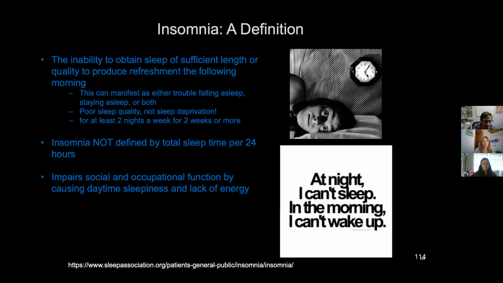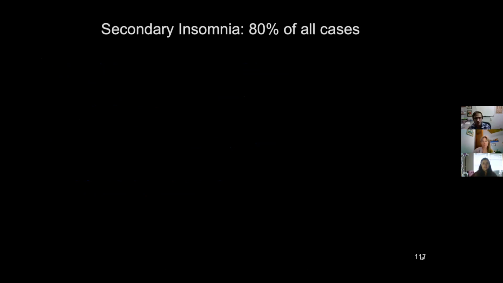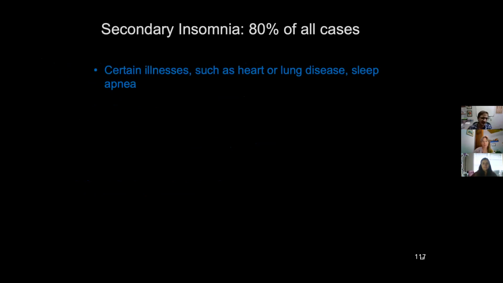There are lots of different reasons. There's primary insomnia, which is a feature of your genes or your body, and we don't know why it happens. Or we have secondary insomnia, which is much more common.